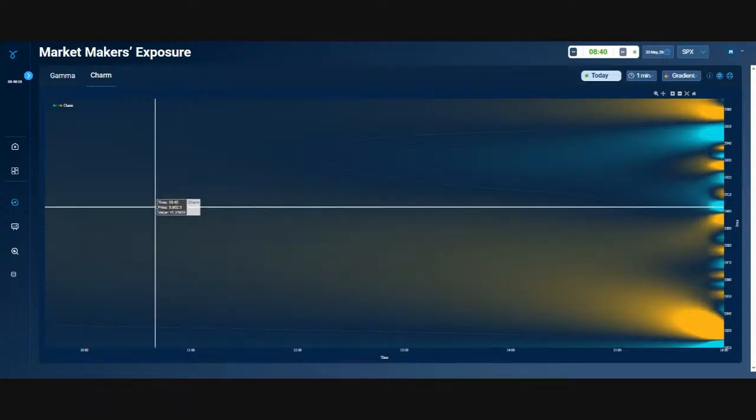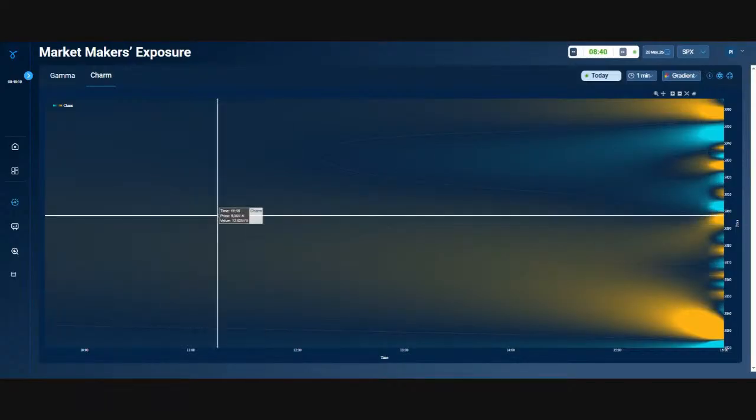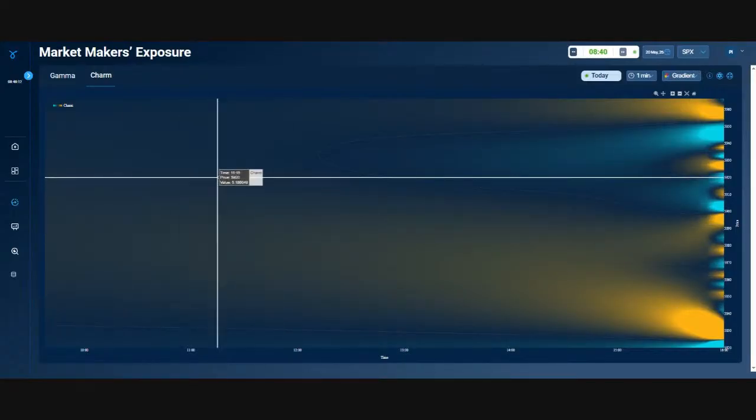Now, the reason that it's basically a big fuzzy mess over here is because charm is very dependent on time. Charm is even more dependent on time than gamma.